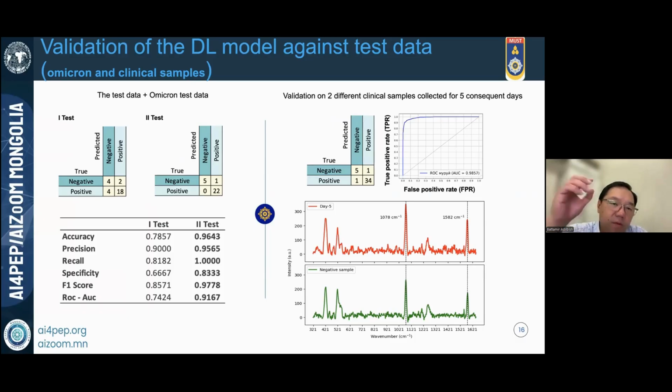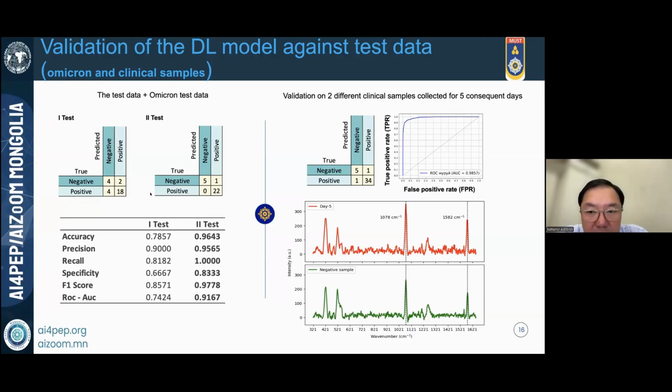As I mentioned, we separated all data into training data and test data, and we use the test data here. It correctly identified most of them, but 4 positive samples were predicted as negative. Those were the false negatives.